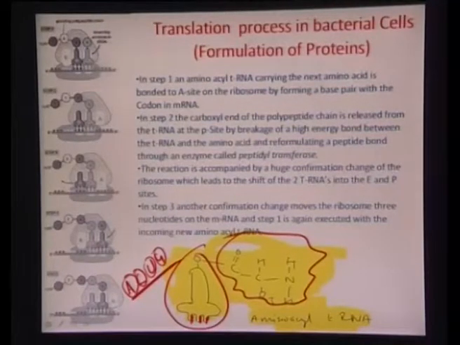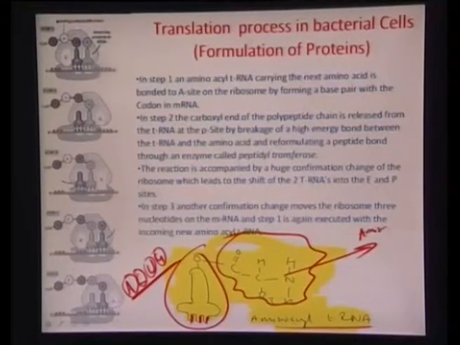Based on the sequence here, you can find out a sequence on the mRNA and try to bind this particular amino acyl tRNA. What is important is that this sequence matching leads to development of another sequence of all these different amino acids, and that is what essentially a protein is all about.